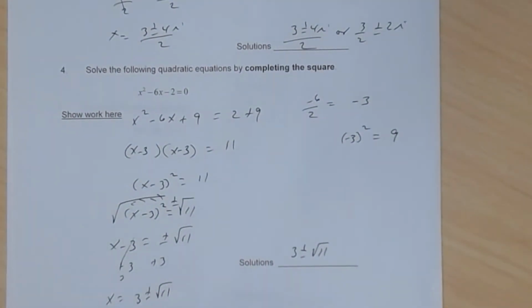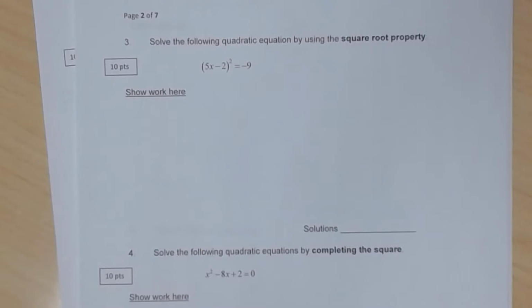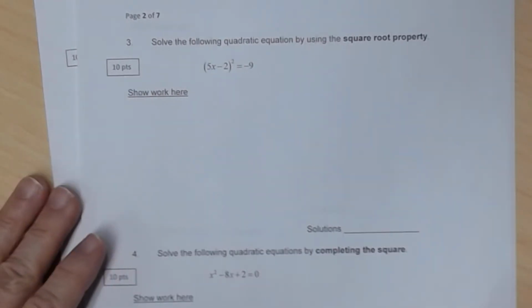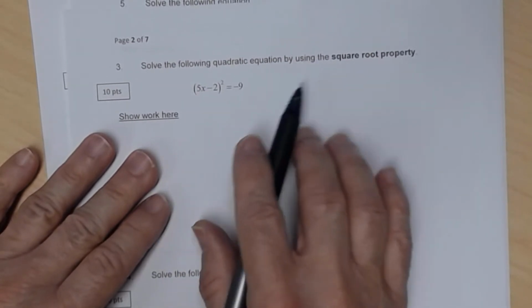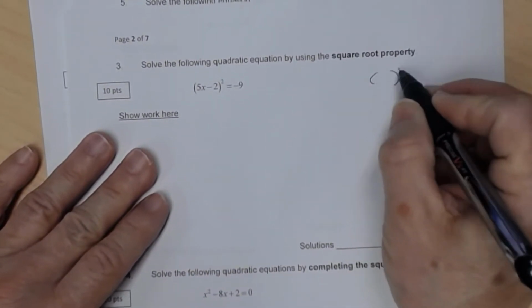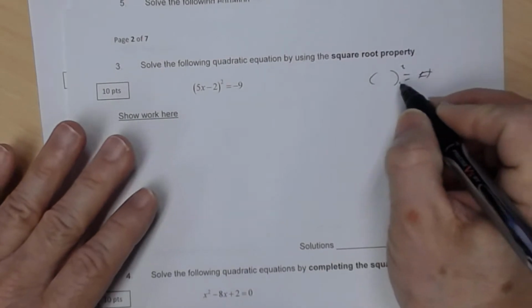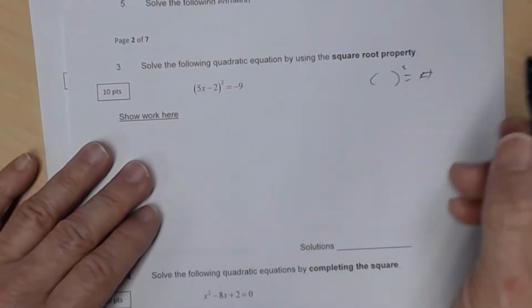Now in version 2, let's see what version 2 was. In version 2, we had this. Okay, so this was version 2. So again, we're going to use the square root property. We have an expression squared equal a number, so I can use the square root property.